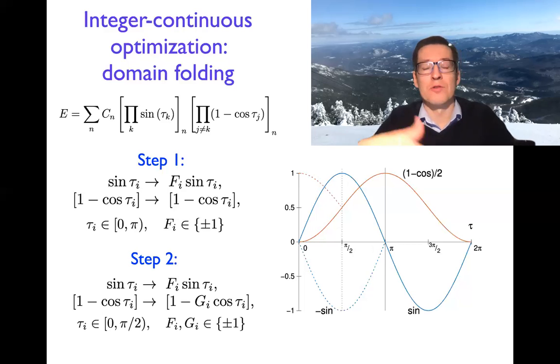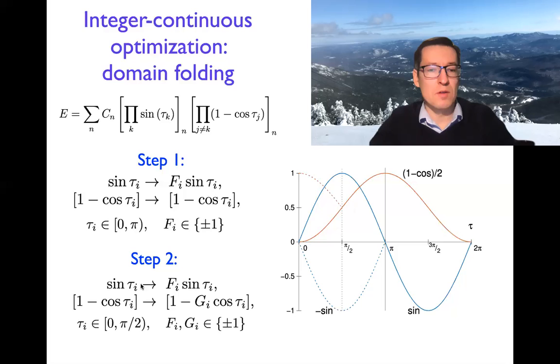Okay, so then it turns out you can do a next step and fold the domain even further to just a quarter of the initial domain. Why? Because if you look at what values of the functions you're going to get for the first part, 0 to pi over 2, you will see that both branches of the sine already generate all the values, because the second half essentially repeats. It's a mirror image around the pi over 2 point, right, of the first part.